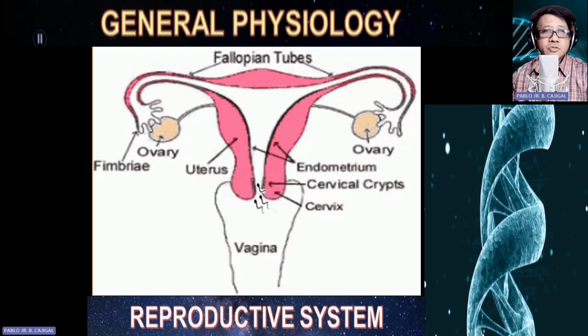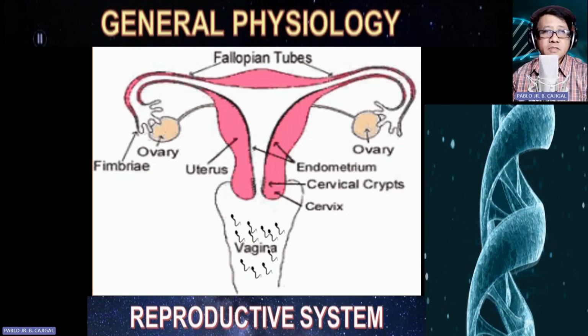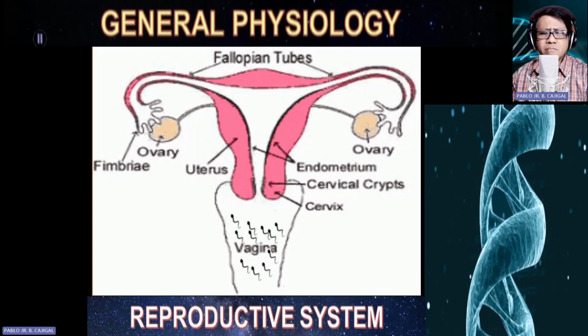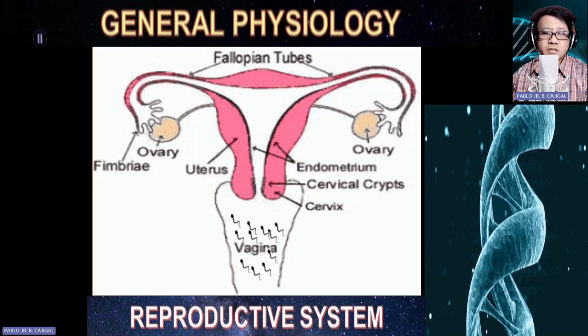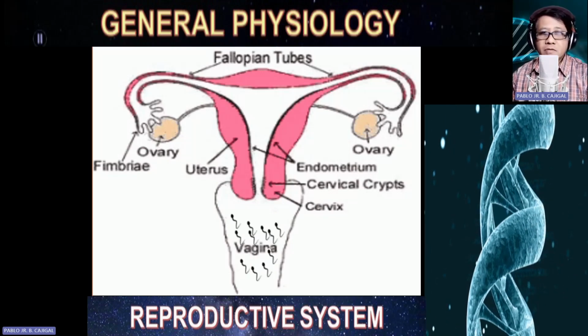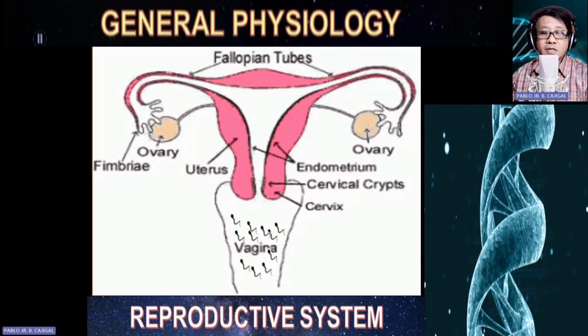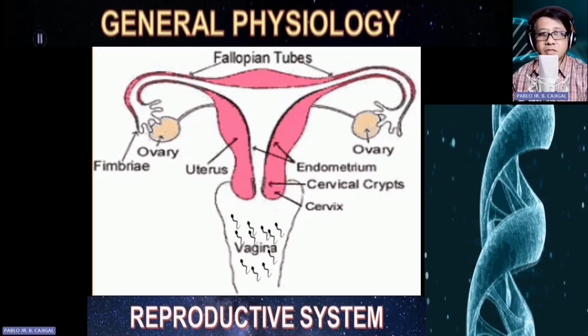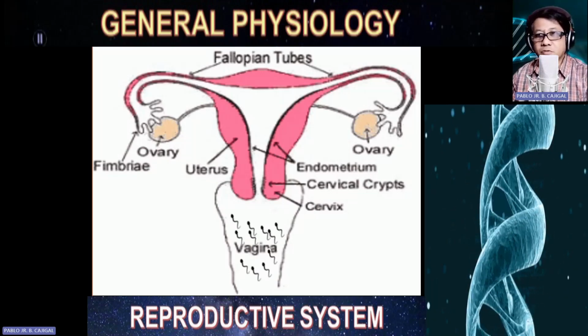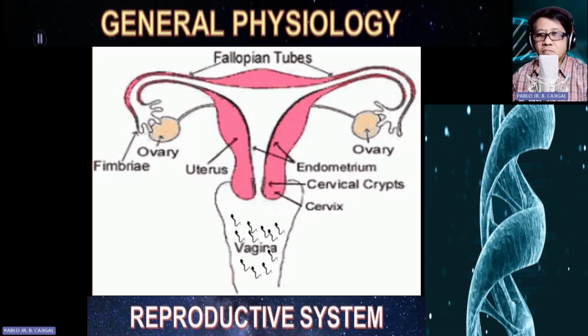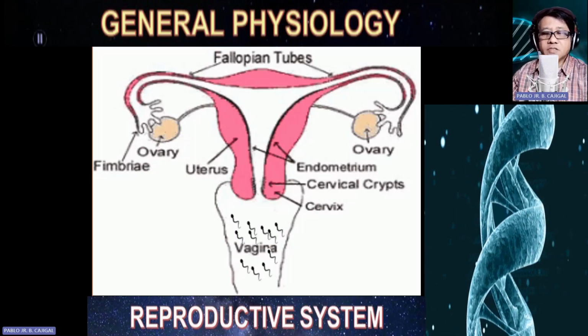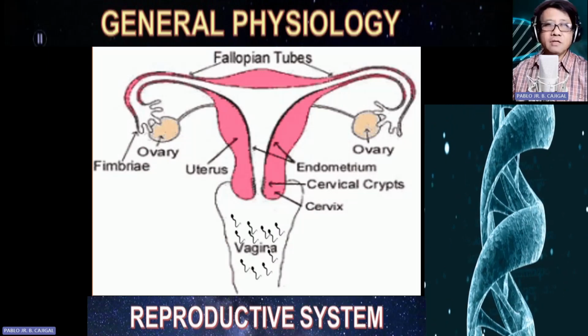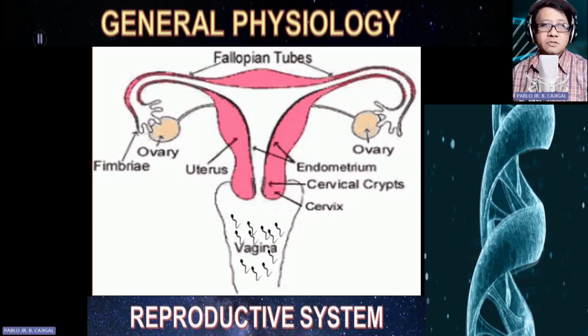Pero mahabang journey ito, no? So kaya kung mapapansin ninyo, ang dami-dami. There are millions of sperm cells that are deposited. Pero marami na rin ang mortality, ang mamamatay dyan, no? Because of the acidity. Yung mga mahihinang sperm cells, hindi na sila mabubuhay dyan. So yung mga malalakas lang, those that can tolerate the acidity, can survive.